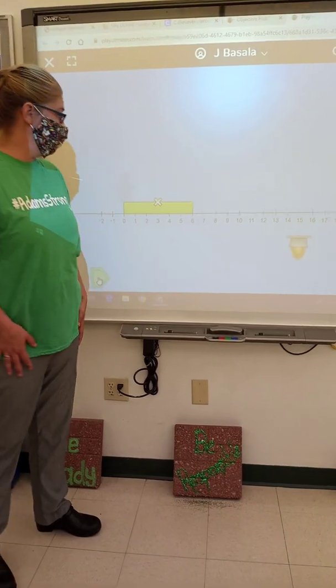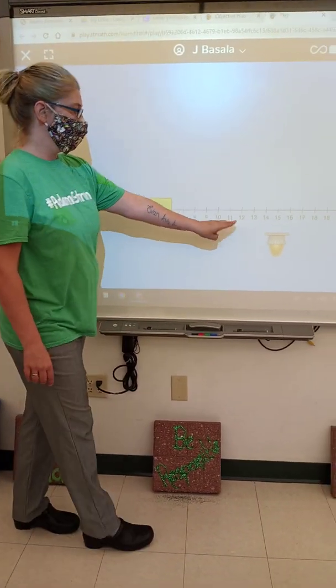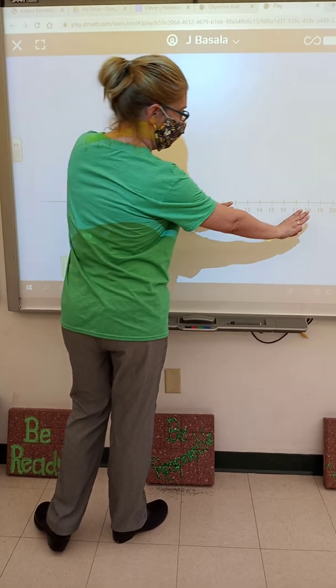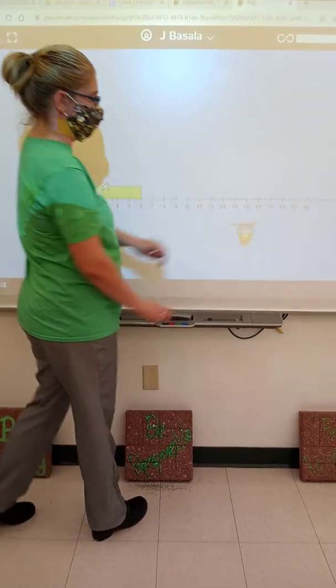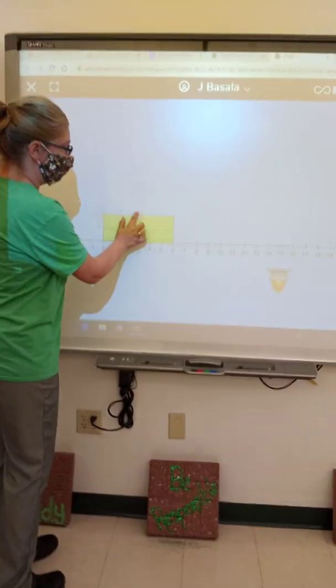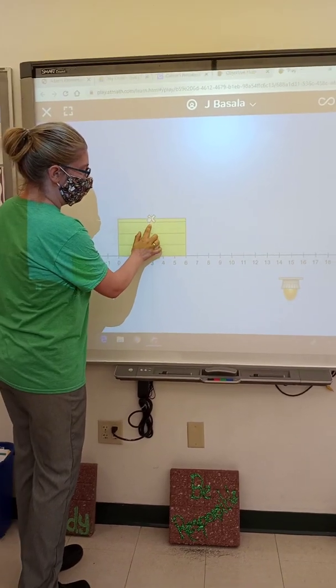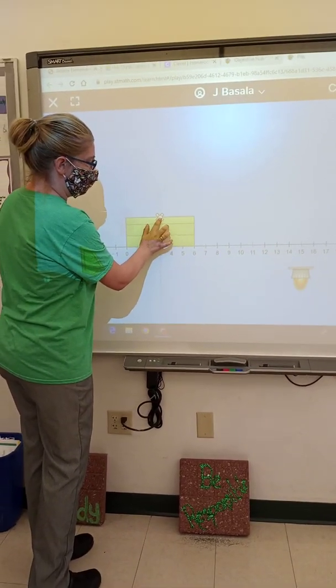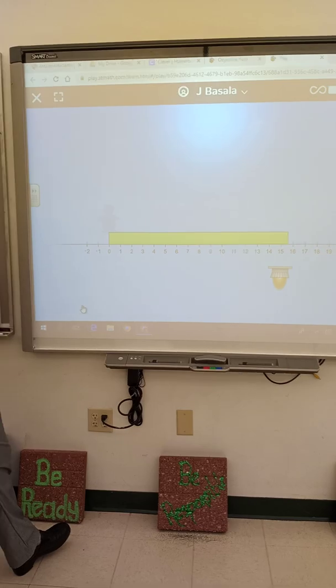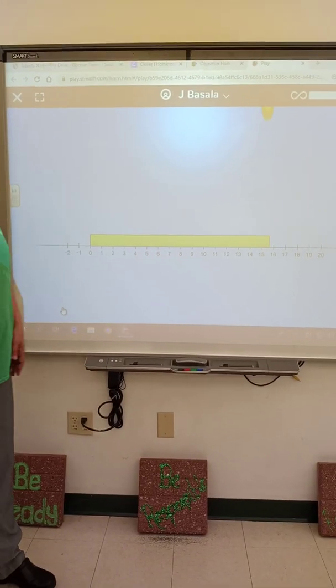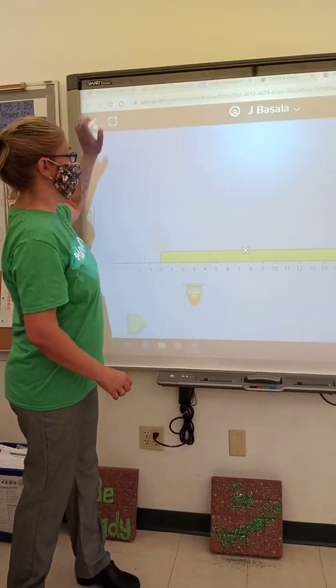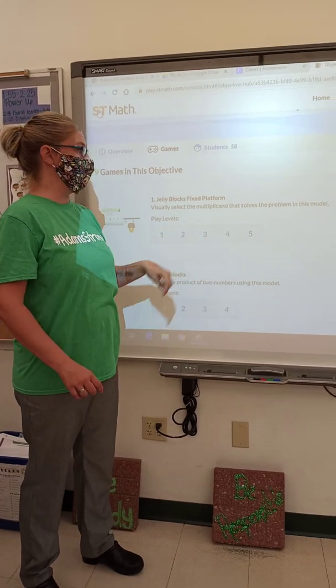My Gigi's safe. 6, 12, 18 is 3, and we're halfway. So we need 2.5. 1, 2, and a half. All right, now we're done with part 1, Jelly Blocks Fixed Platform.